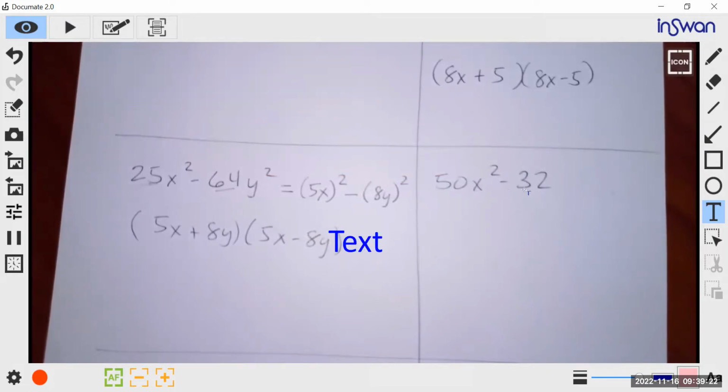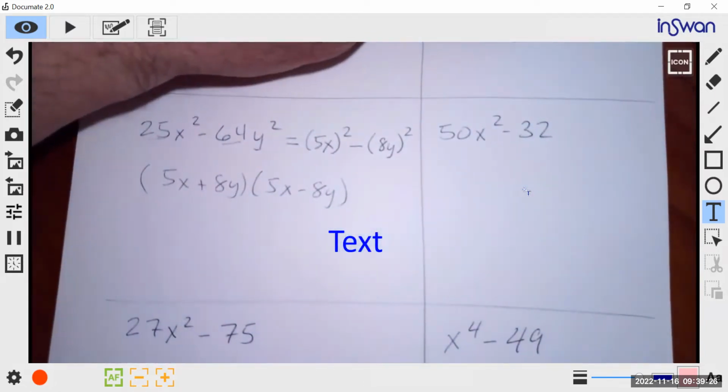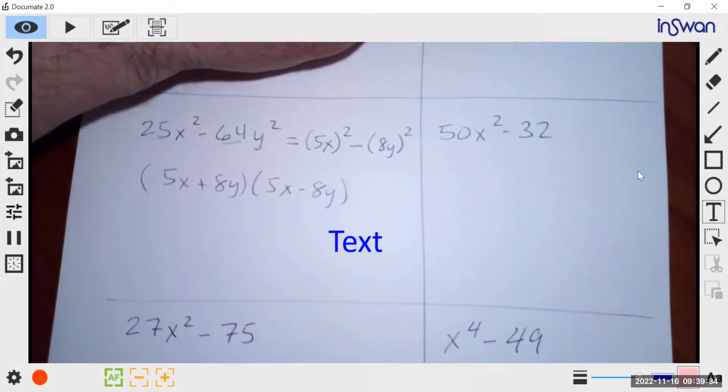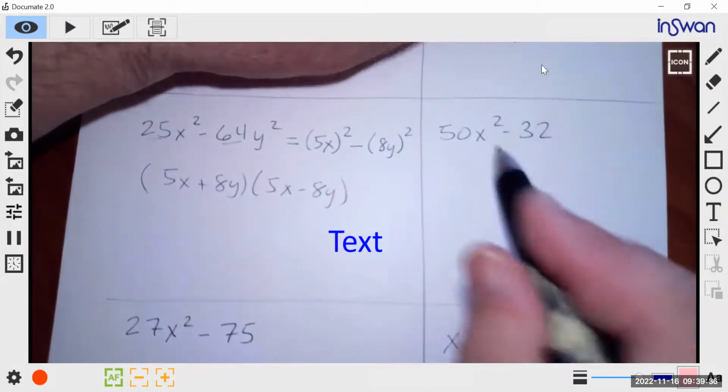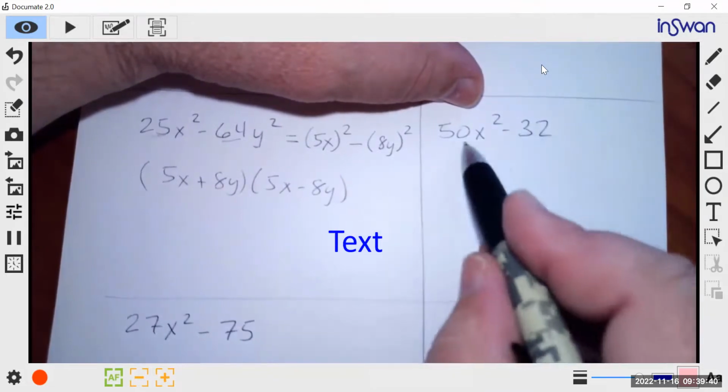How about this one? The 50x squared minus 32. Can we do that one? Are you sure? Okay, but can we factor anything out? Do they have anything in common?